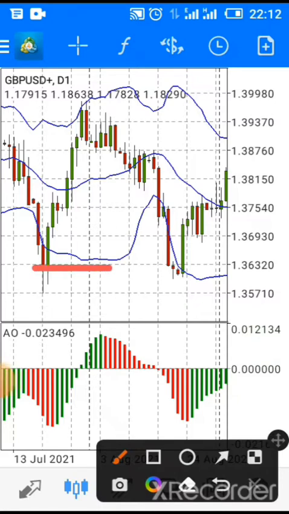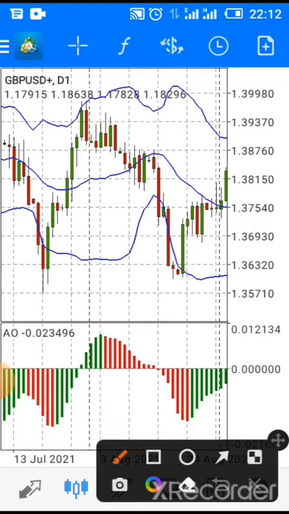Now there is a rule that when a demand zone is created, whenever price returns back to that demand zone, it might be 1 week, it might be 2 weeks, it might be a few months, but whenever price returns back to that area, price will tend to move in the direction of a buy. Price will almost always respect that zone for a buy.